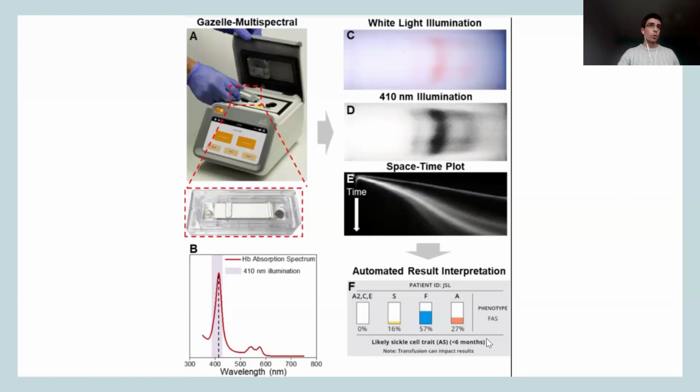It will also give you a likely diagnosis, which obviously needs to be taken with a pinch of salt, and you need to interpret it in the context of all other information that you might have about the patient you're looking after.